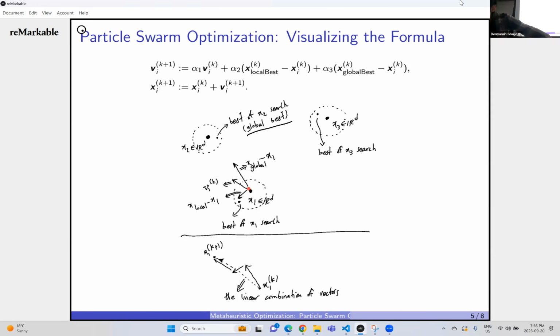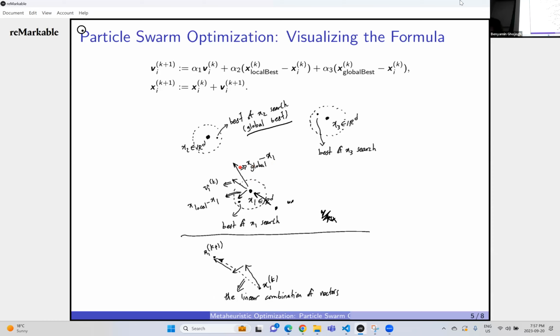Maybe, for example, my previous x1 was here, and it came here. So this was the velocity, but I'm moving it here, because as I said, I don't care where it started. And then what is this? The vector for global: x global minus x1, the vector connecting x1 to x global.